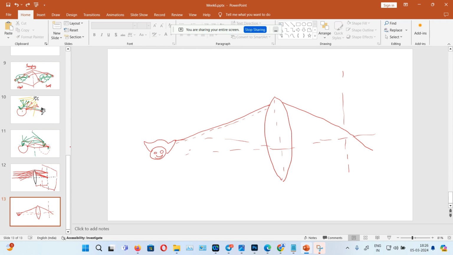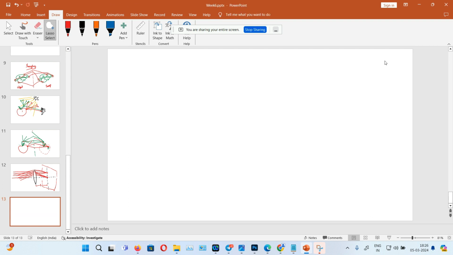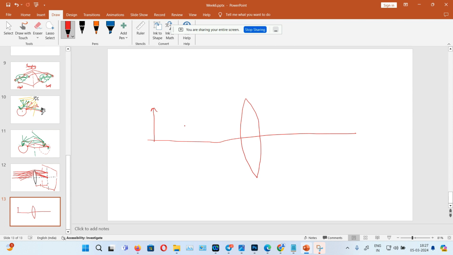I'll make it more clear. That's a lens. I'm not going to tell all the properties of the lens.